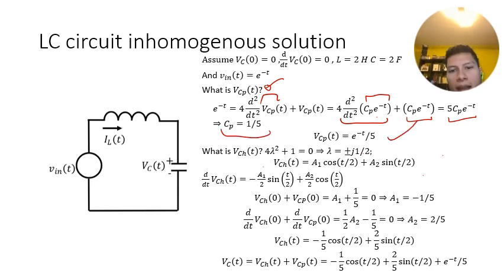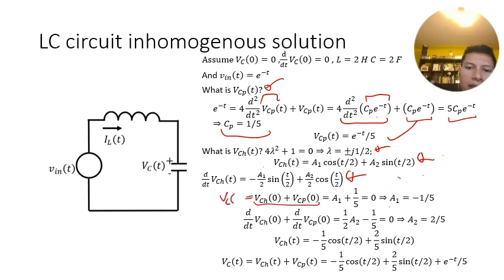Check. We have that our roots are actually plus or minus j/2, or 1 over the square root of LC. So that makes it so that our homogeneous solution is of this form, and the derivative of the homogeneous solution is of this form. And then finally, we just need to apply our initial conditions.